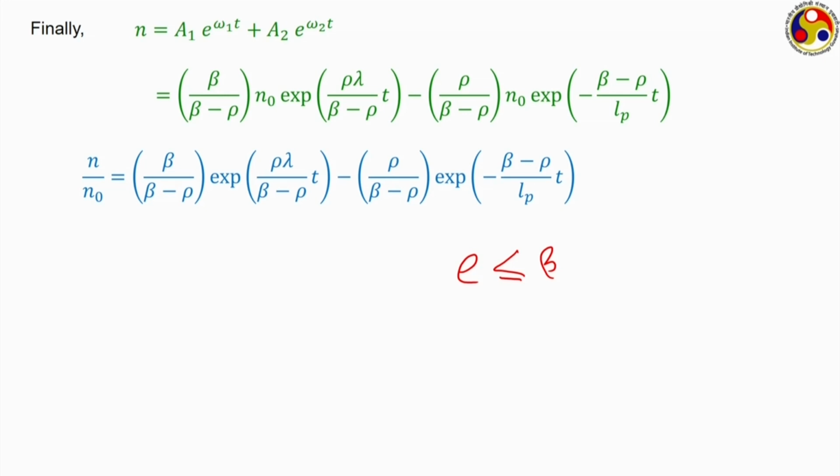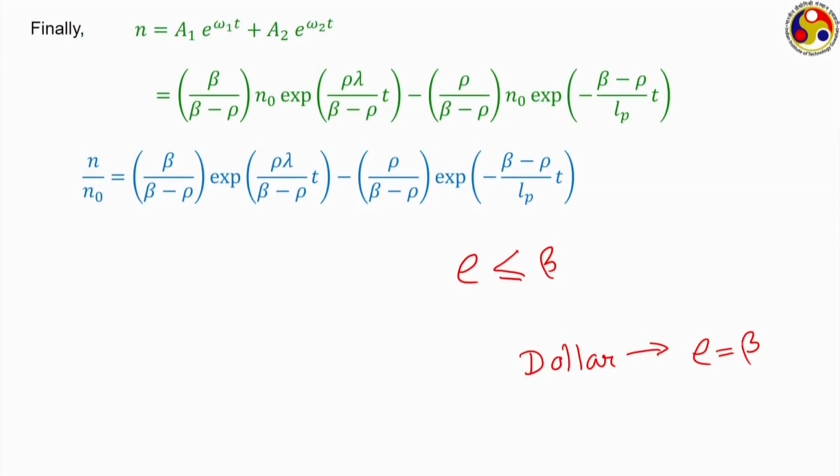For different nuclei, beta can have different values, and accordingly one new unit of reactivity is often defined, which is called dollar. It is the same as the US currency, it is dollar. Dollar is defined as that value of reactivity which makes the reactor prompt critical.